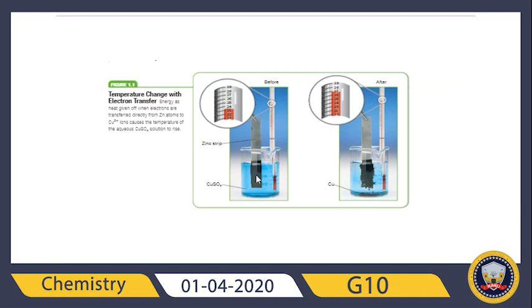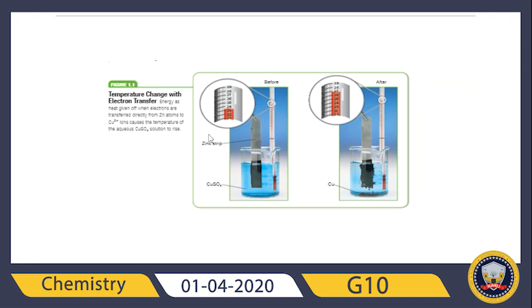Now what will happen? The copper ions will accept the electrons and fall out of the solution as what? As copper atoms. So as electrons are transferred between zinc atoms and copper ions in the solution, energy is released as heat, as indicated by the rise in temperature.